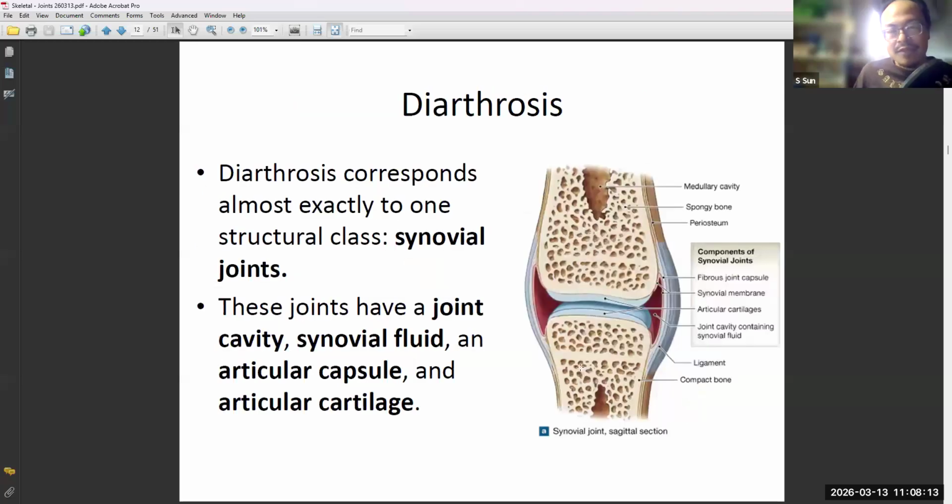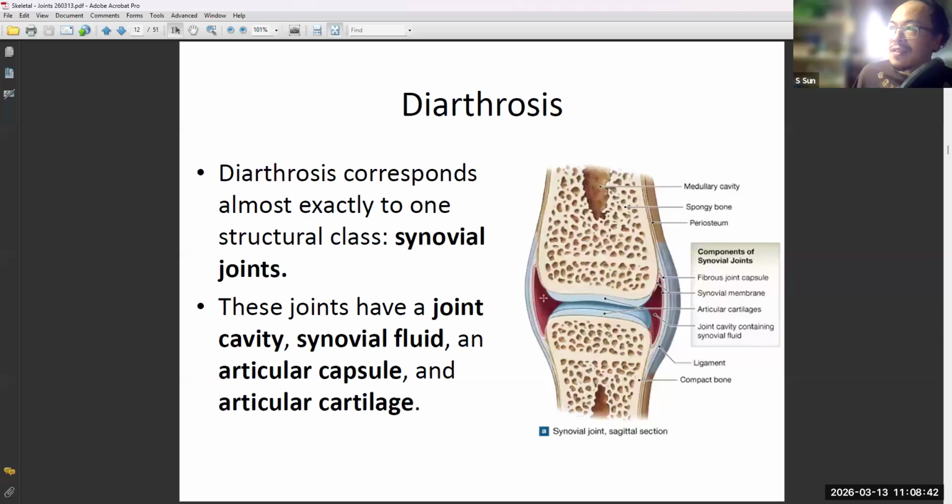A third type is called diarthrosis. Diarthrosis allows you to have freer, more movement. Basically, all these movable joints are diarthroses. As I showed earlier, you have one bone and the other bone meeting each other.